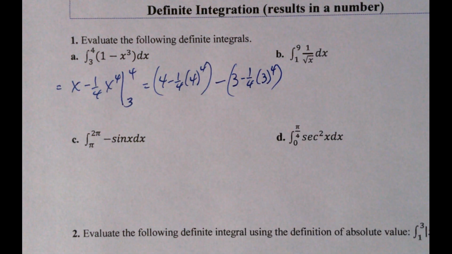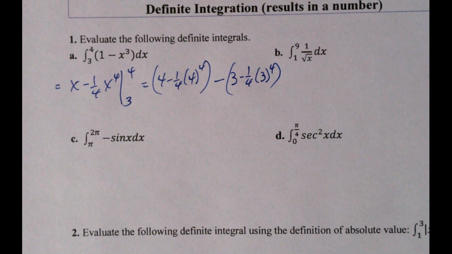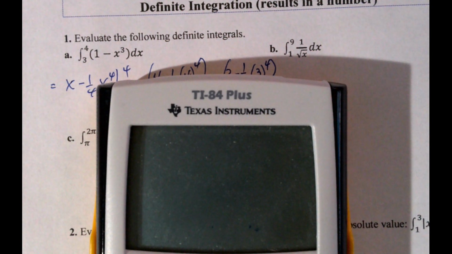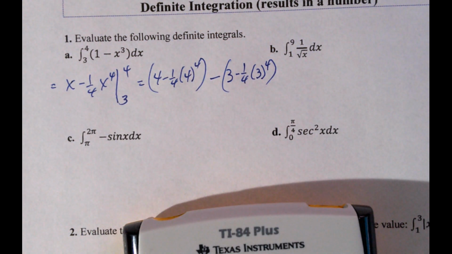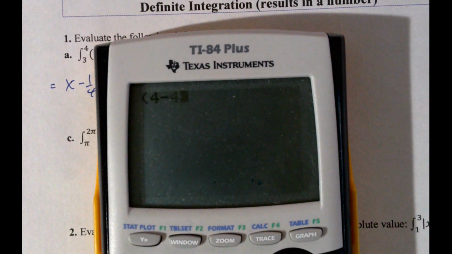Okay, we had some discussion about this in class. I'm just going to do it on a calculator. All right, so that's going to be 4 parentheses 4 minus, so 1/4 times 4 to the fourth is 4 to the third. So I'm just going to type that in. 4 to the third. Why is this not working?